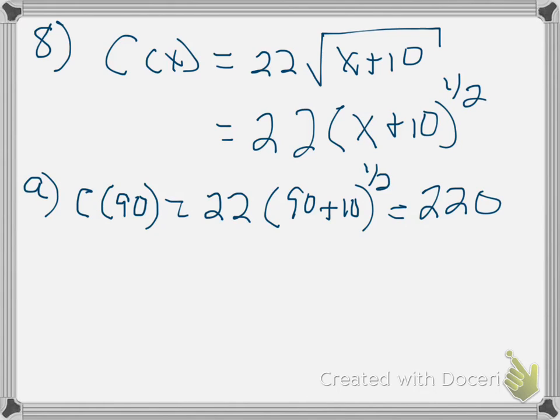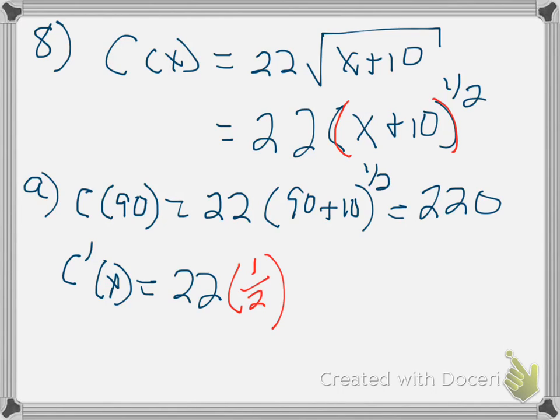Now, C prime of 90, we've got to find C prime. C prime of x is going to equal 22 as a constant, and then we have to take the derivative of what's in the parentheses up here. We bring down the 1/2, leave what's inside the parentheses alone, and then subtract 1. So we've got x plus 10 to the negative 1/2 power.